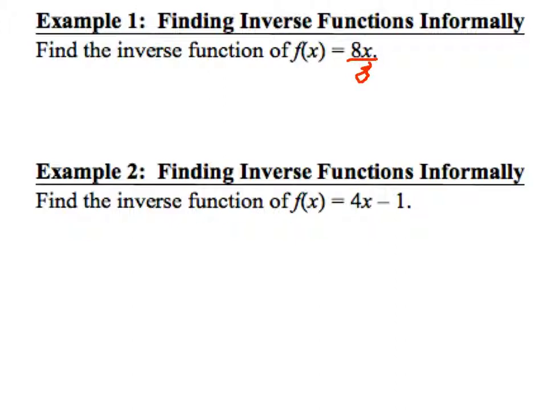Actually, don't divide by x, divide by 8. Then your inverse is going to be f to the negative 1, make sure you denote it correctly, of x, and that is going to be equal to x over 8.